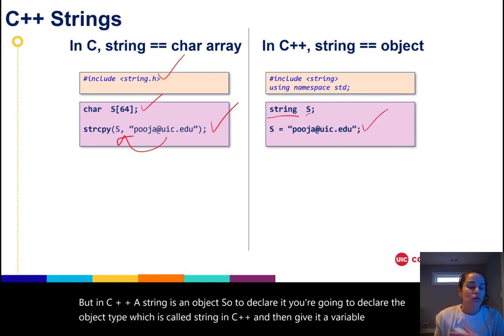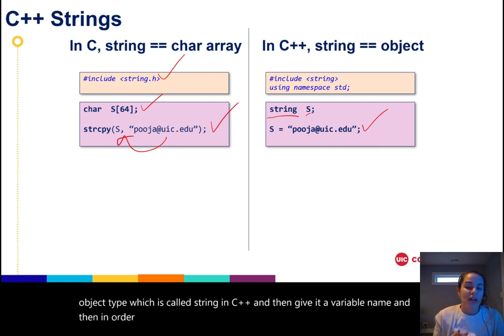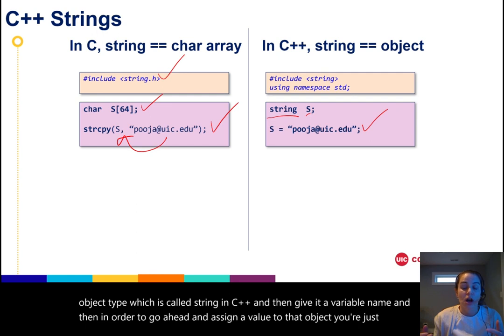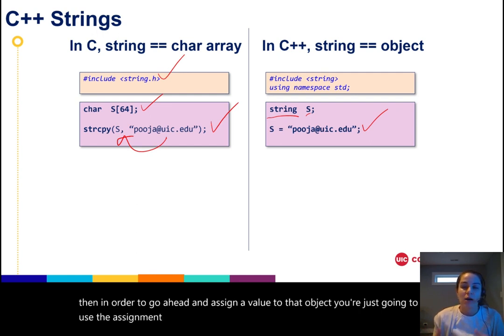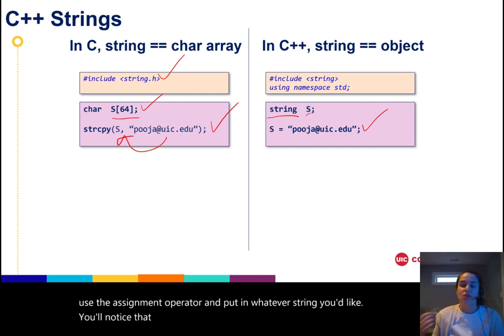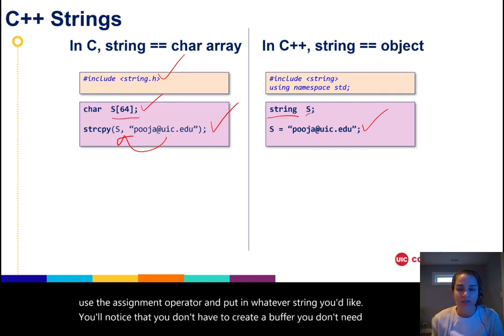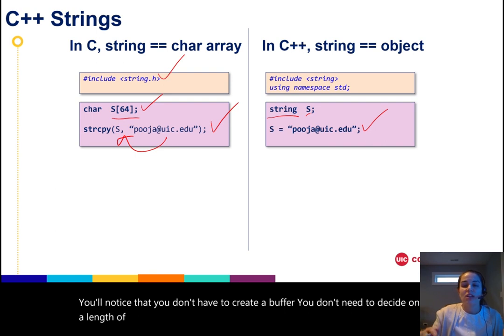And then in order to assign a value to that object, you're just going to use the assignment operator and put in whatever string you'd like. You'll notice that you don't have to create a buffer. You don't need to decide on a length of a string. It's all handled under the hood of the string object.